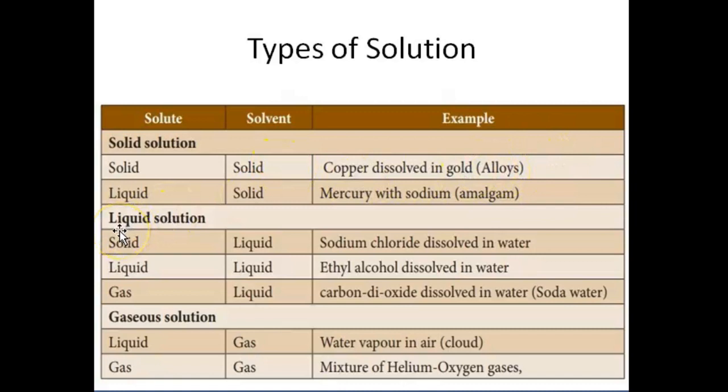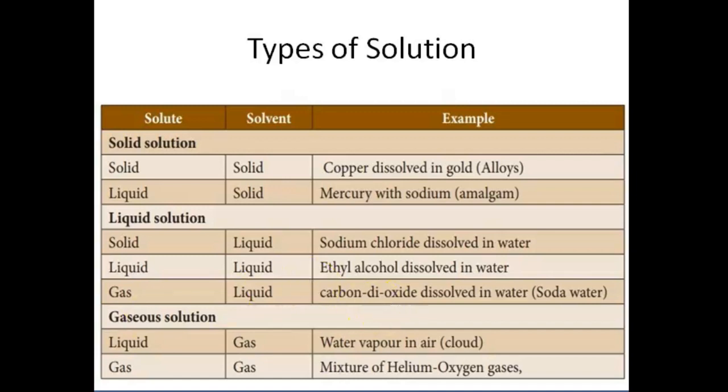For liquid solution, we say that the solvent should be liquid and the solute can vary. That can be solid, liquid or gas. So in that situation, solid and liquid combination, that is sodium chloride dissolved in water, liquid and liquid, we could say ethyl alcohol dissolved in water, gas and liquid, carbon dioxide dissolved in water.